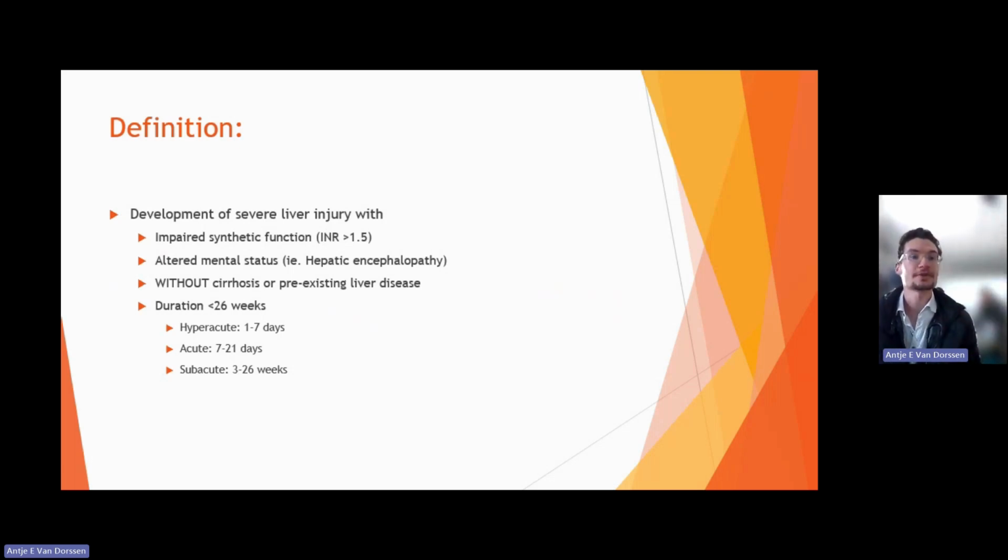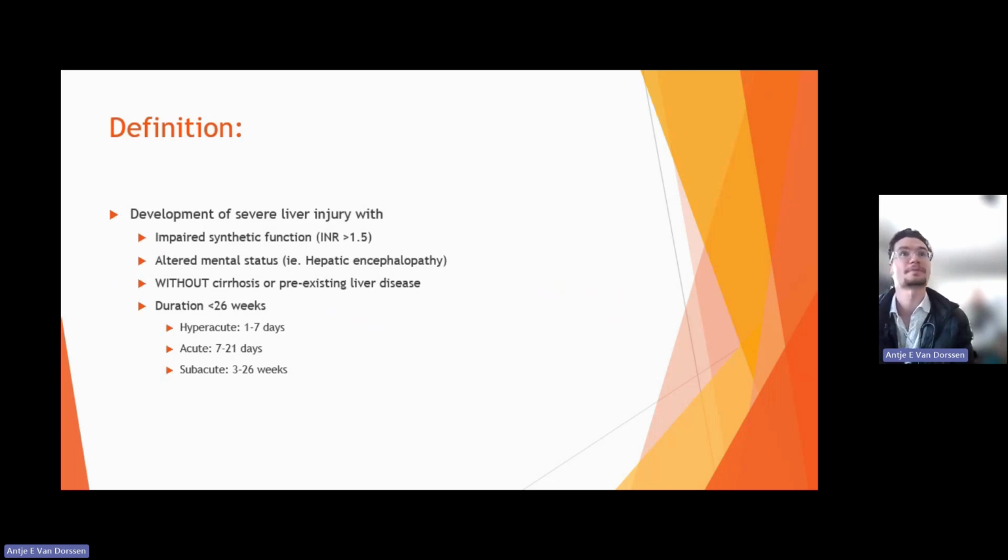Okay, so the definition of acute liver injury: it's a severe liver injury with impaired synthetic function and altered mental status, without cirrhosis or pre-existing liver disease, occurring over a duration of less than 26 weeks.